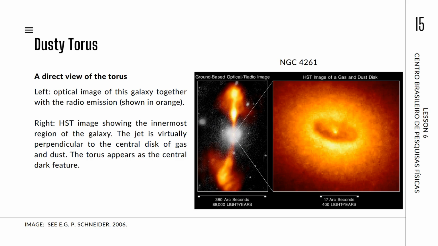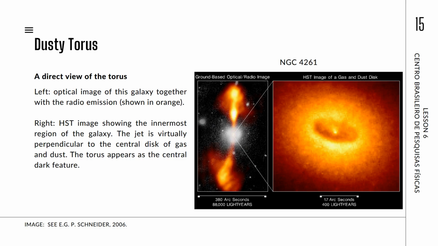Does it allow light to cross it easily? No. Do you remember the type 1 and type 2 AGNs? Type 2 is exactly because the torus does not allow that. So the torus is the sort of dark biscuit in the center of this image. And in this bright dot here, we should find the accretion disk and at some point the black hole.